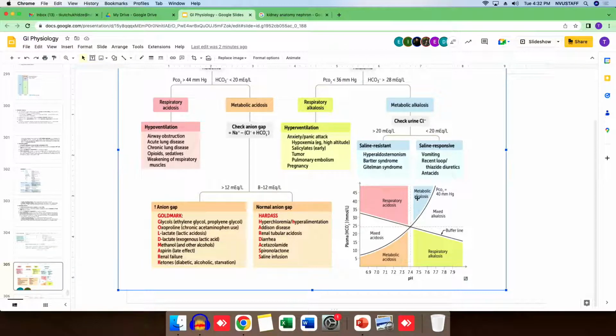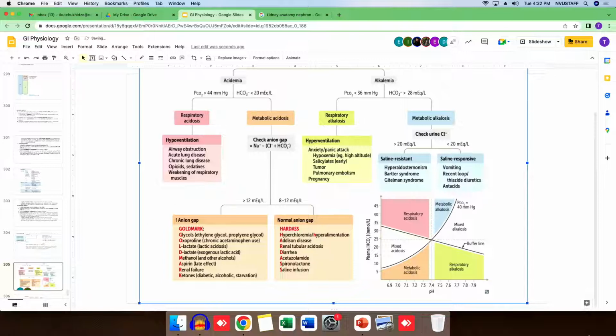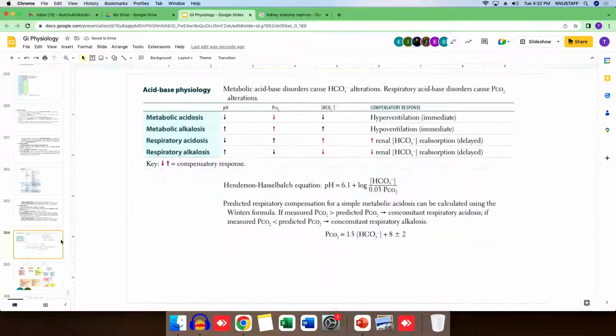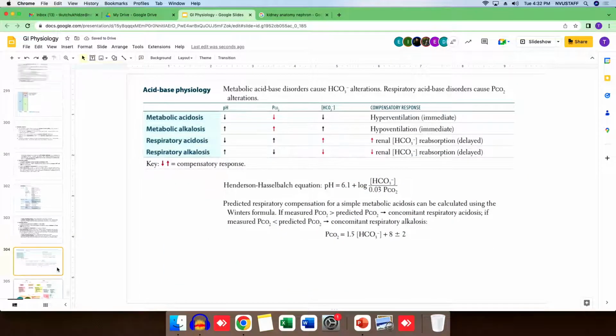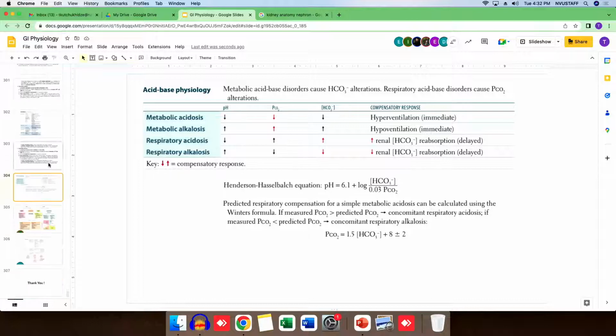Regarding metabolic alkalosis, we have the rise in bicarbonate, pH is also rising a bit, and the PCO2, the partial pressure of CO2, is also rising. Okay, clear. Now, this is already what I talked about. It is a summary.